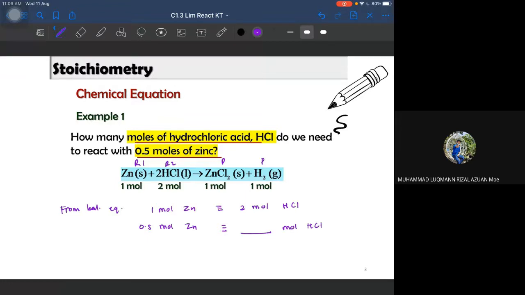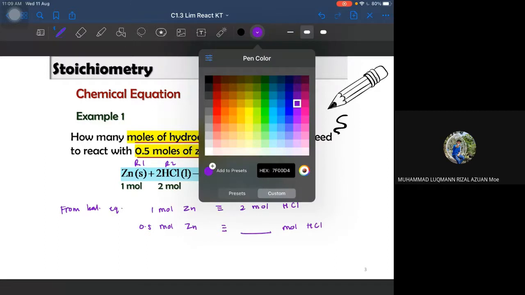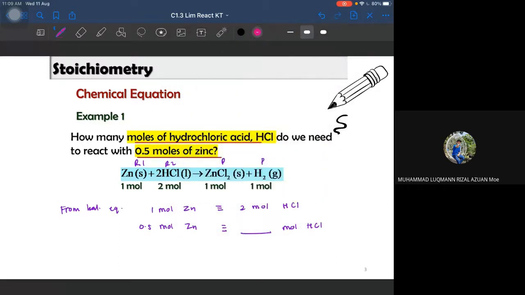Okay, so for this question, kamu boleh buat darab silang. Okay, so boleh buat straight away darab silang begini untuk cari dia punya unknown here. Ataupun another method is, kamu boleh 0.5 bahagi 1 darab 2. Darab kat sini lah. Okay, so kamu akan dapat your answer is berapa?